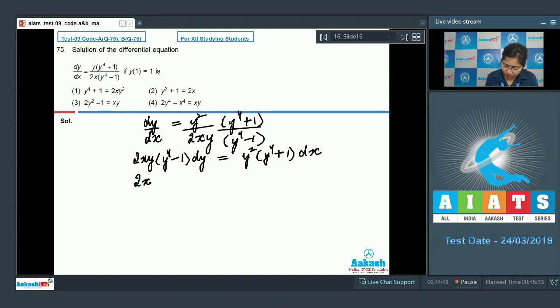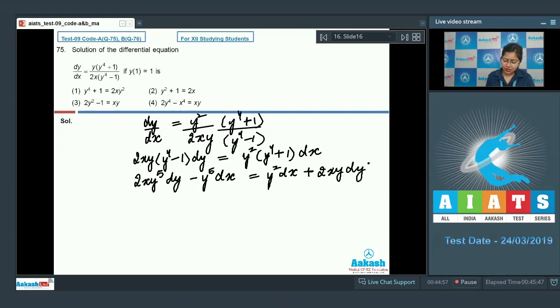That is, we have 2xy^5 dy minus y^6 dx is equal to y square dx plus 2xy dy. Here further let us divide on both sides by y^4 x square.